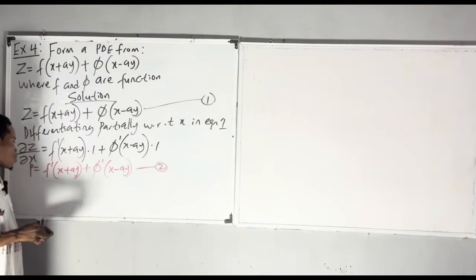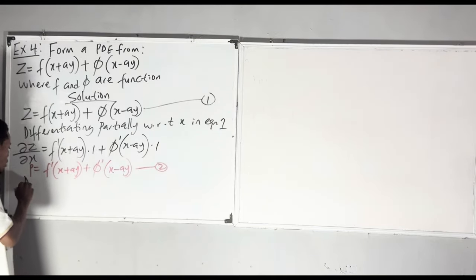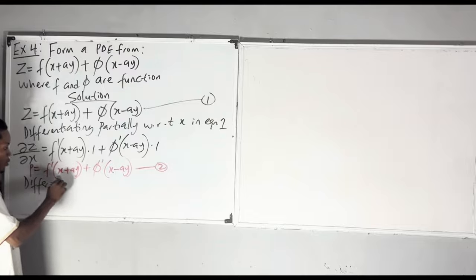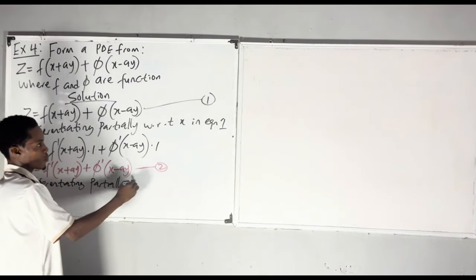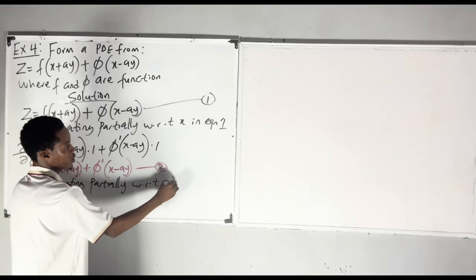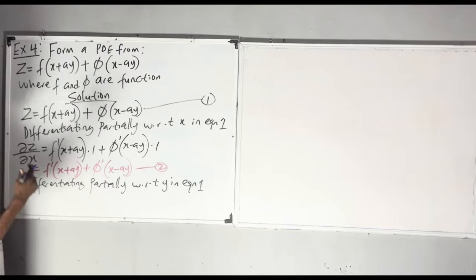So what's my next step? To differentiate equation 1 again with respect to y. Differentiating partially with respect to y in equation 1, by differentiating z, I'm going to have dz over dy.